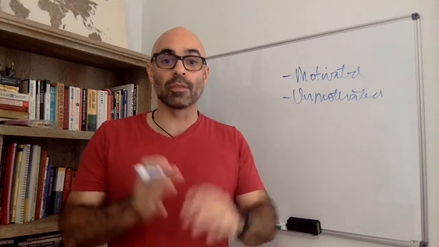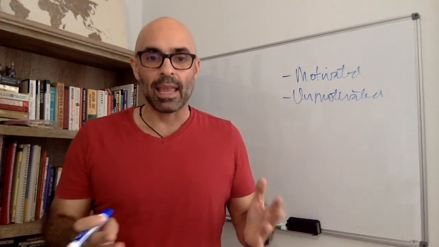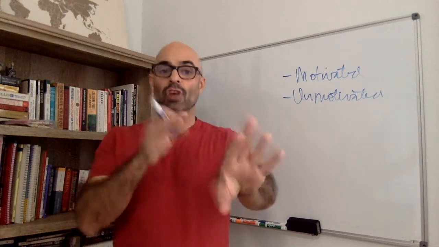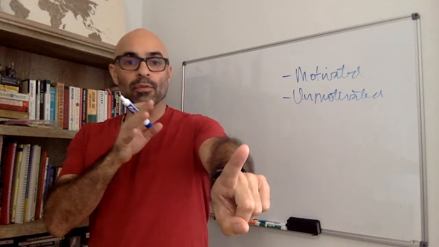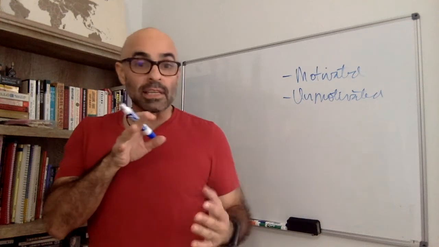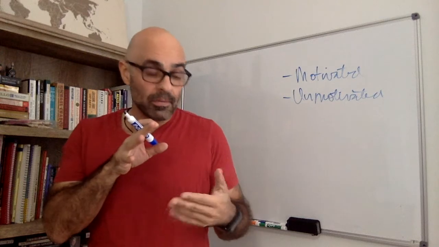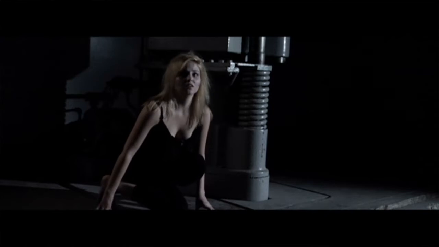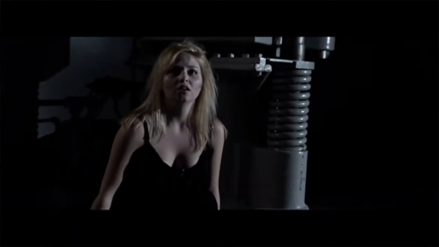Another function of the unmotivated camera move is to denote internal movement. For example, I can have a wide shot of somebody sitting on a couch. That person receives a message on their phone, they open their phone, they read the message, and as they're reading, the camera moves forward.